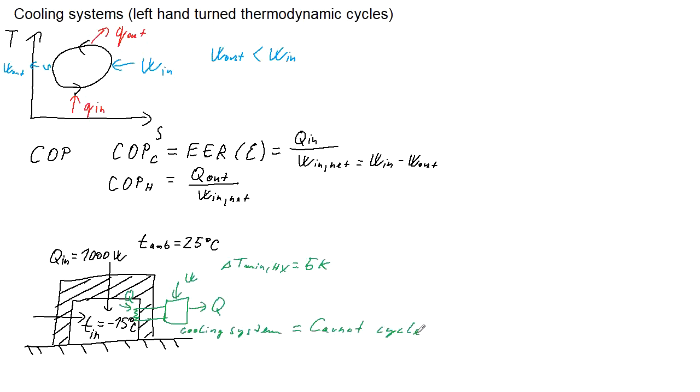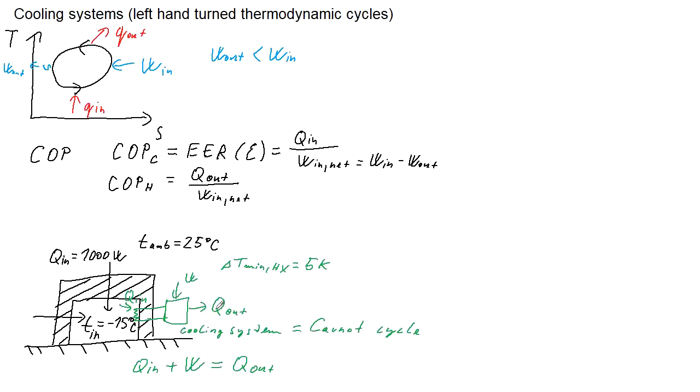So, how will we calculate this problem? Well, at first, we have some heat input, Q in, which needs to be removed, so it's also Q in over here. And into the cooling system is also coming some work, and it needs to be the same as the heat rejected because of the energy balance.